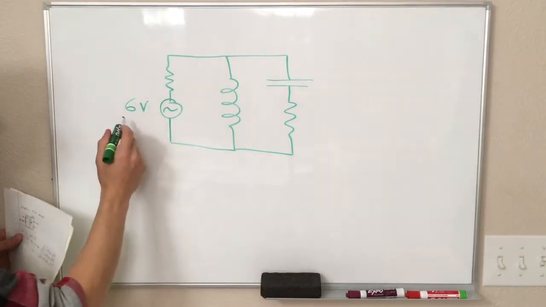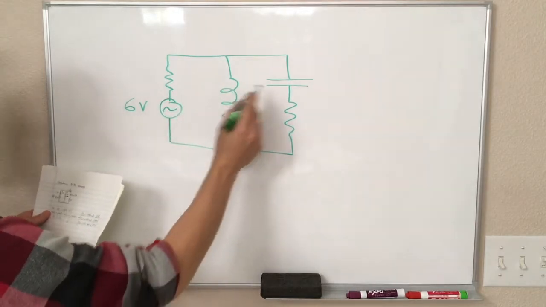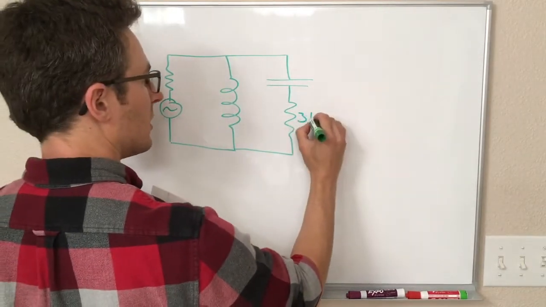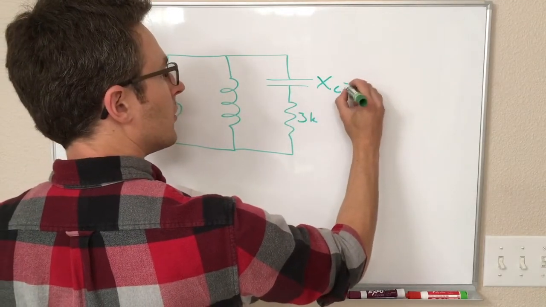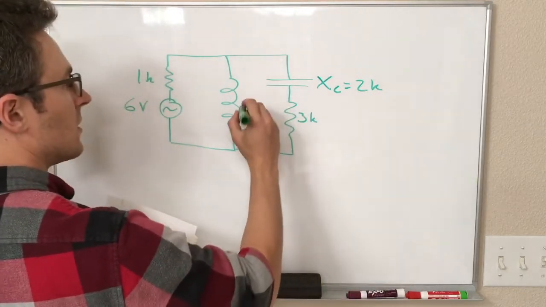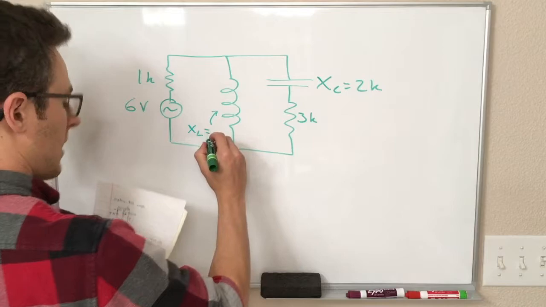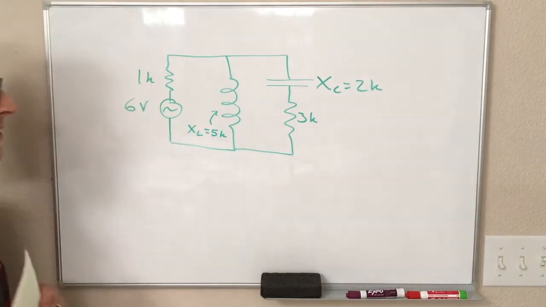And rather than specify a frequency, I'm just going to give you reactance values for the inductor and capacitor. So this is a 1 kilo ohm resistance. This is a 3 kilo ohm resistance. The capacitor here has a 2 kilo ohm reactance, and the inductor has a 5 kilo ohm reactance.